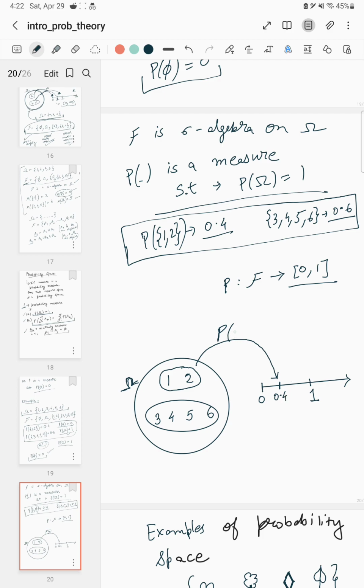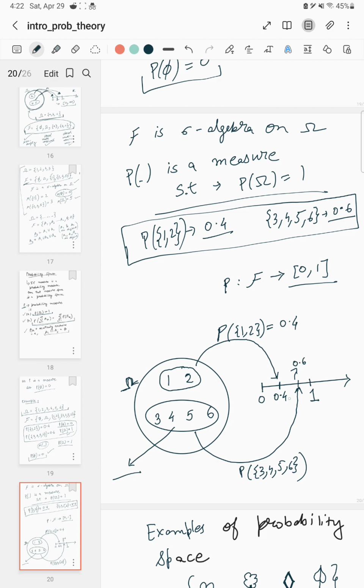So we can see here that this would map to 0.4, and similarly P of {3, 4, 5, 6}, which is the event of any of these 4 values coming up on the dice, would be 0.6.